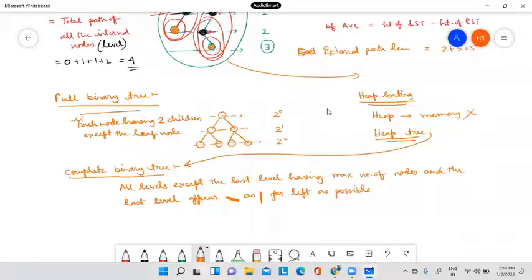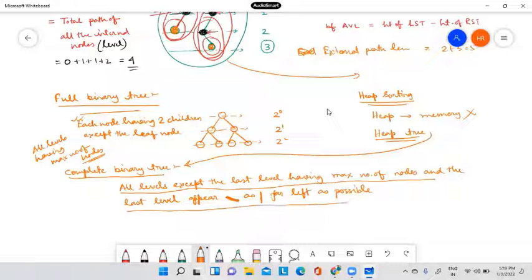Okay, now in the full binary tree, all levels have the maximum number of nodes. In a complete binary tree, all levels except the last level have the maximum number of nodes, and the last level appears as far left as possible.